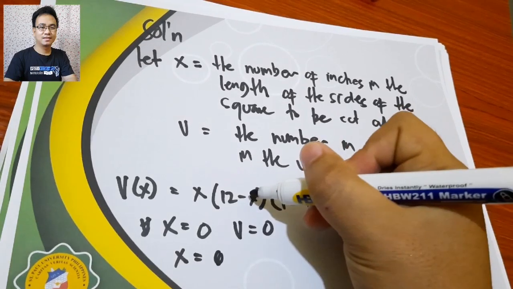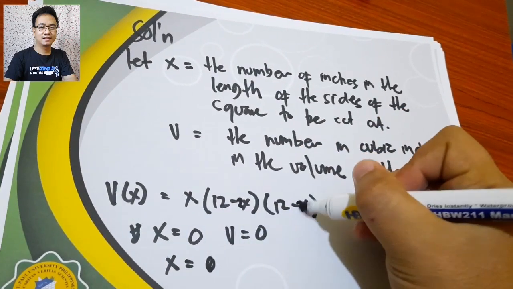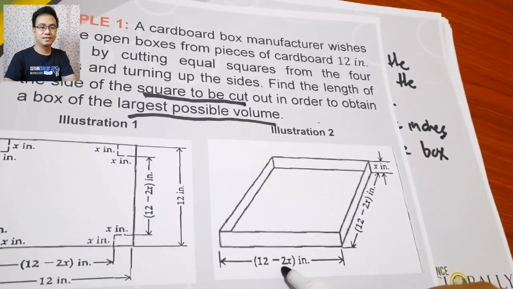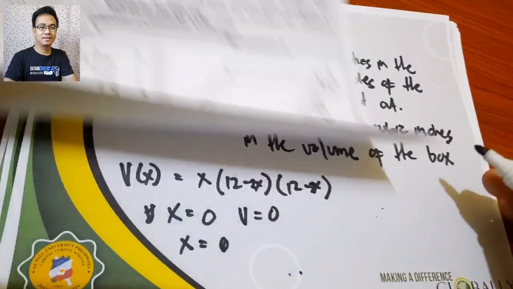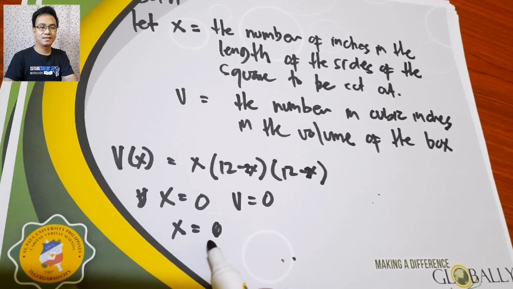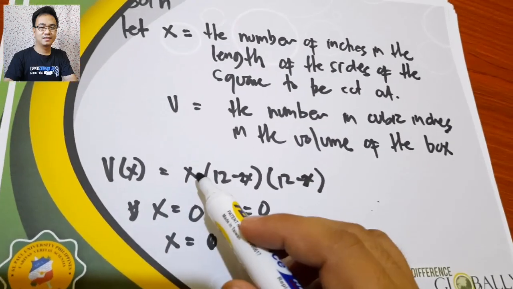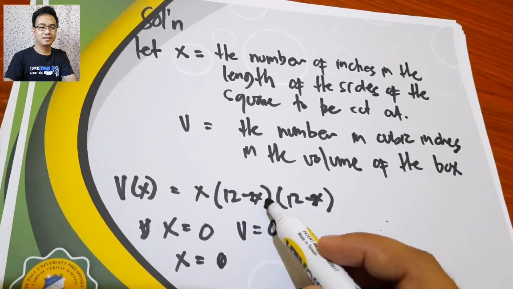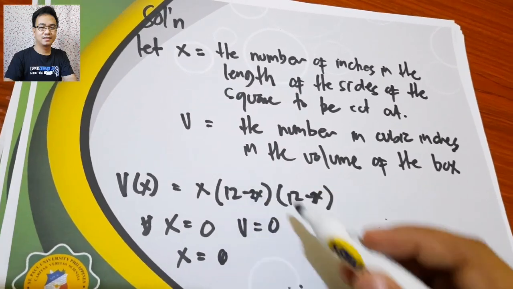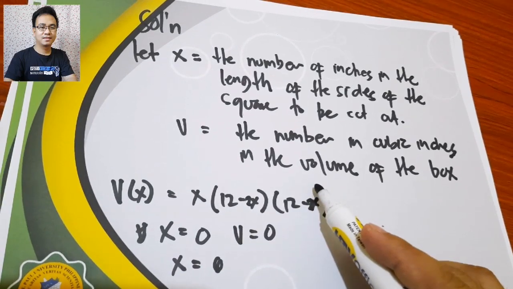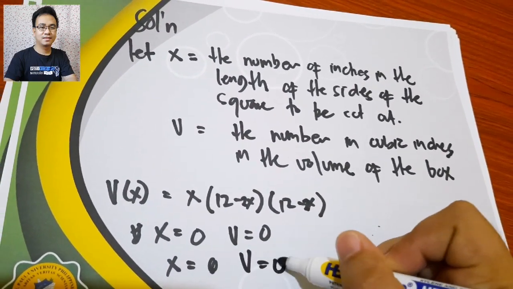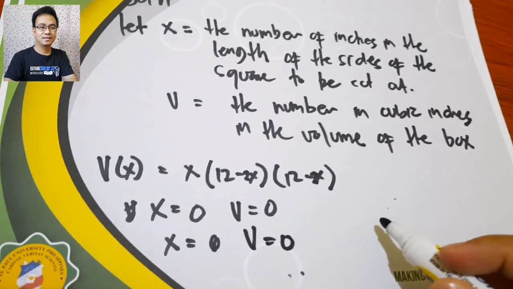Sorry, this is supposed to be 2x. I'm sorry. Alright. So if we let x to be equal to 6, this is 6 times 12 minus 2 times 6 is 12, which is this one turns to be 0. This one turns to be 0 also. So the whole function will also be equal to 0.